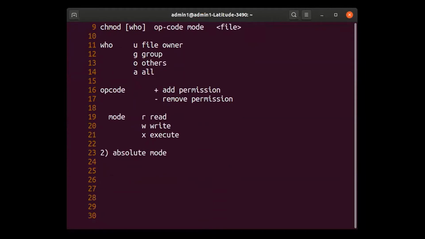This particular mode is based on octal numbers, that is 0 to 7.